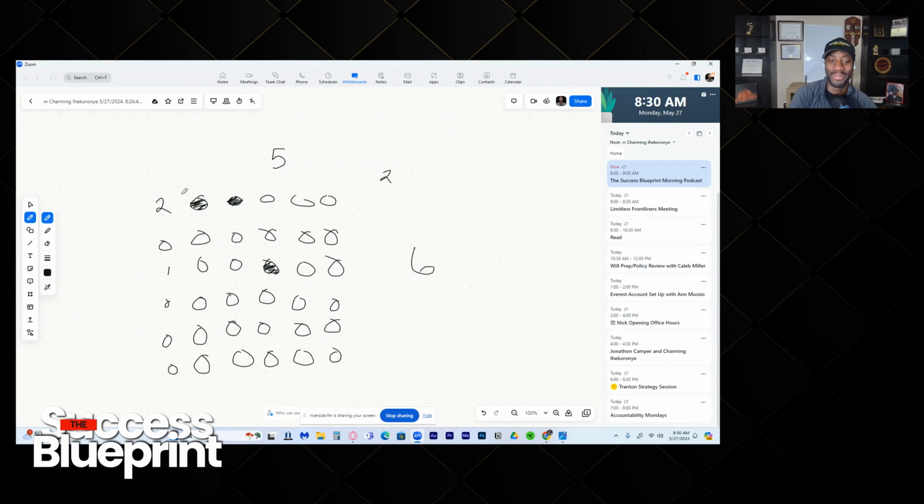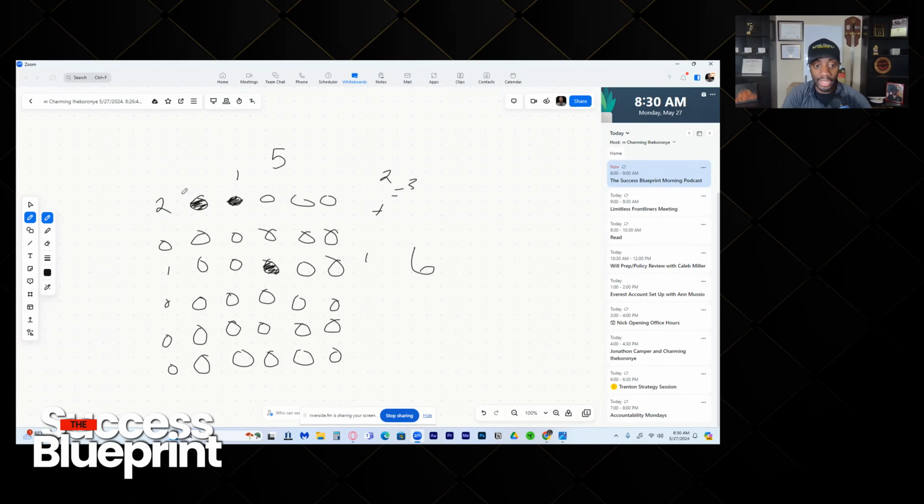Wait, not 2 times 5, my bad. 2 times 1. There we go. 2 columns in this one row. 2 times 1 gets us 2. 1 column is colored in this row of 1. 1 times 1 gets us 1, which we would then add together to know that there's a total of 3.